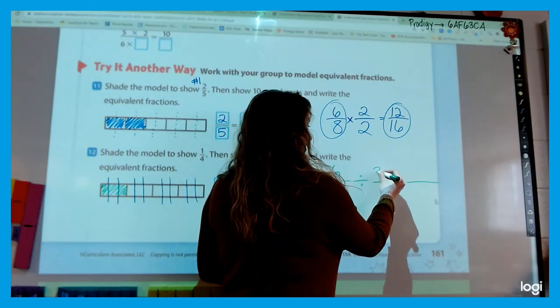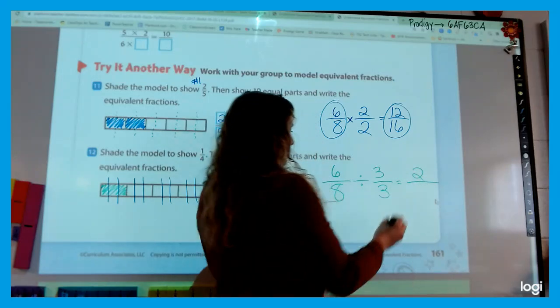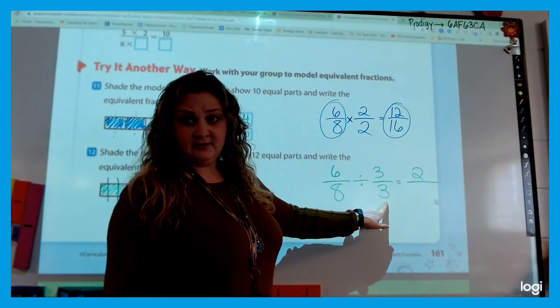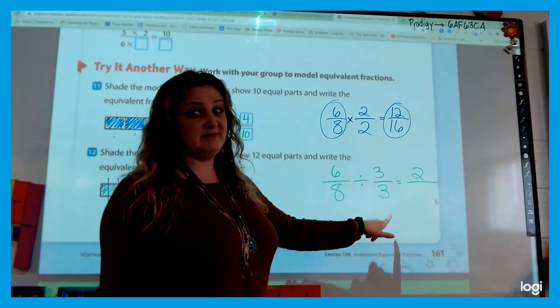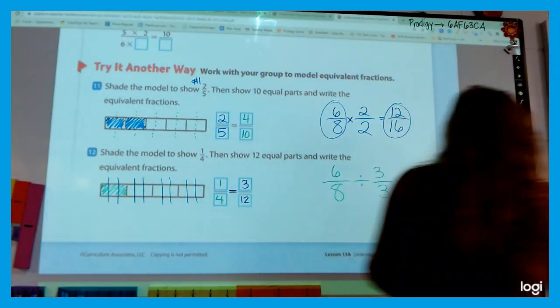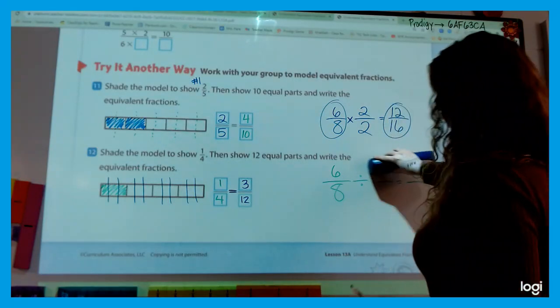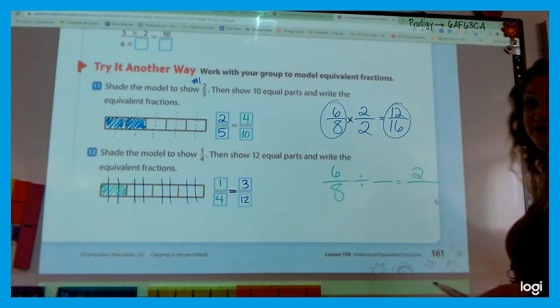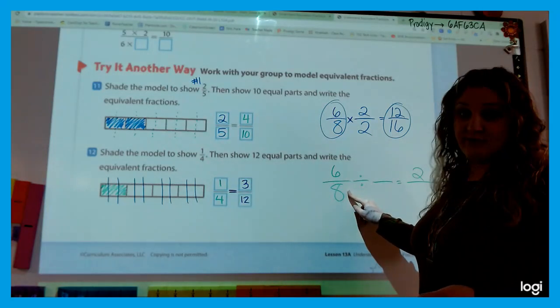If I have 3/3, 6 divided by 3 is 2. 8 divided by 3, ugh, that doesn't come out even, right? So 3's not going to work for this. So when you're using division, you just have to make sure that you are able to divide your numbers by the number you select. So I'm trying to think of a common factor that these both share.